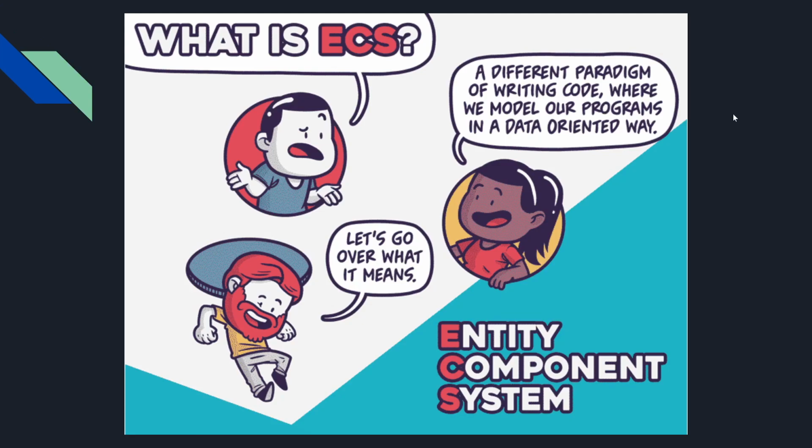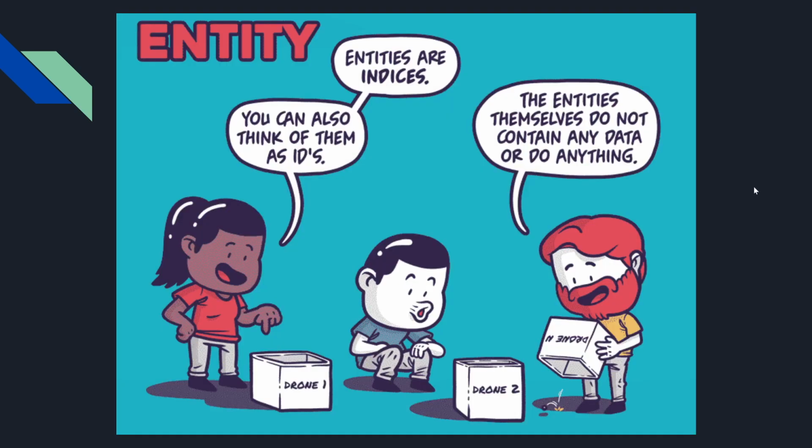So just for a super quick intro, what even is ECS? This is data-oriented design, which is kind of different from the object-oriented design that you might be used to in traditional programming. The entity component system has, as the name suggests, entities, components, and systems. The entity is literally just an index of an array.